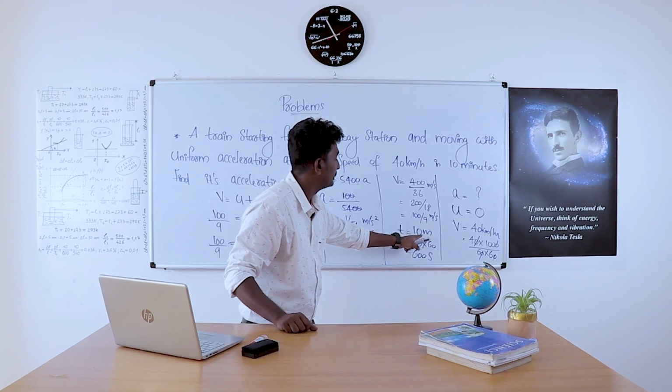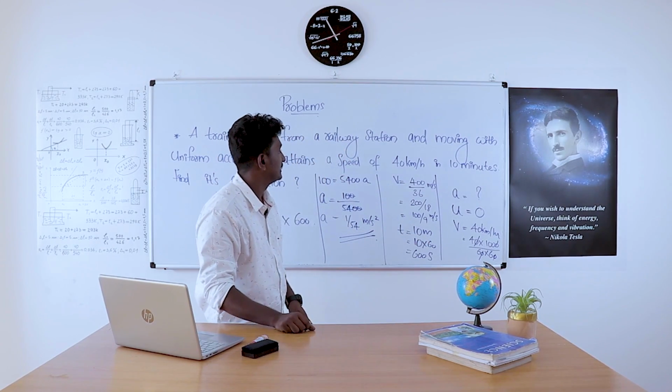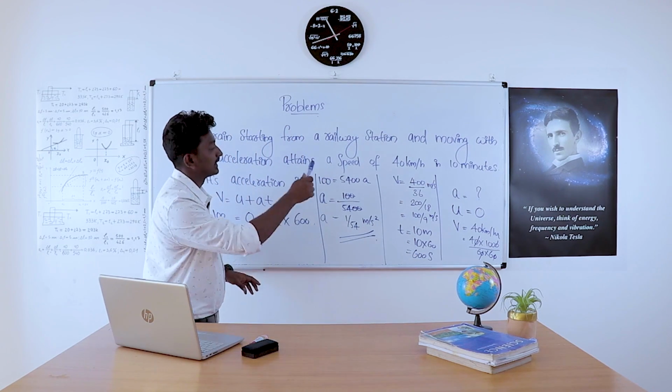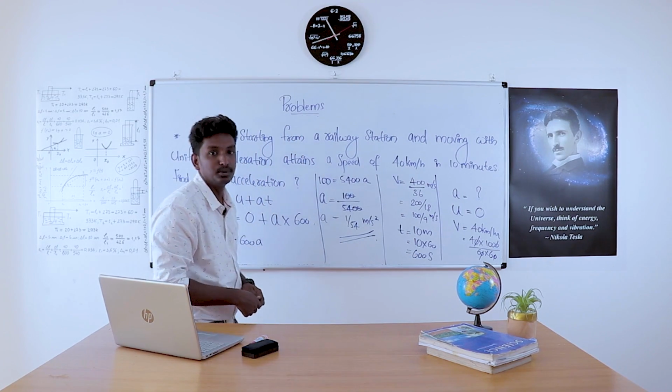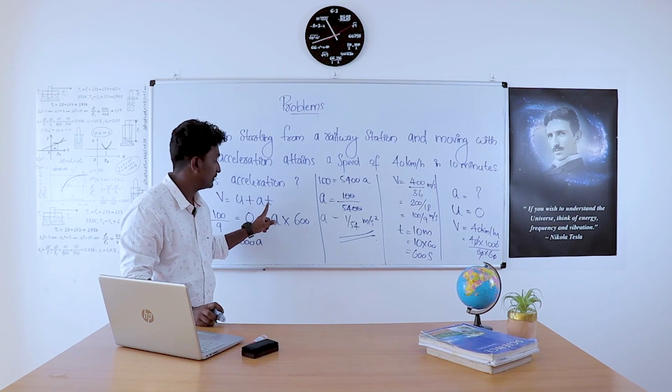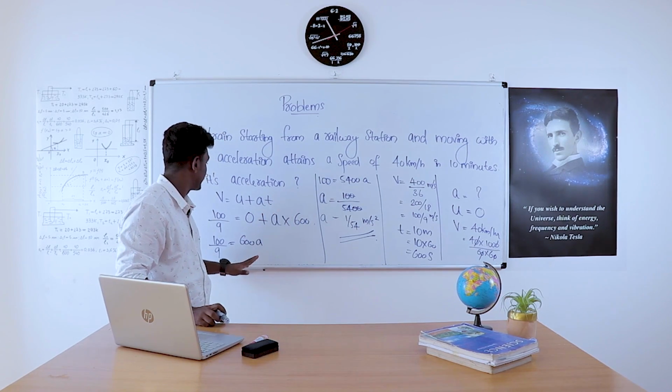Time is given in minutes, 10 minutes. I just converted it to seconds, 10 into 60, 600 seconds. The relation connecting the terms is v is equal to u plus at, and just substituting the values. V is 100 by 9, u is 0. We have to find a, and t is 600 seconds. That is 600 a is equal to 100 by 9.